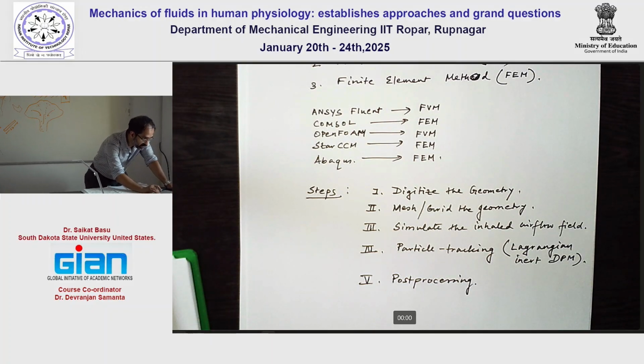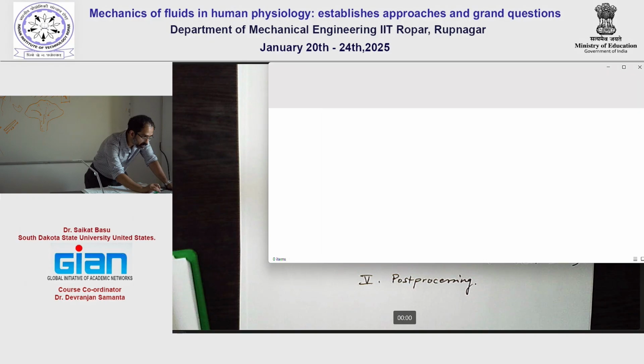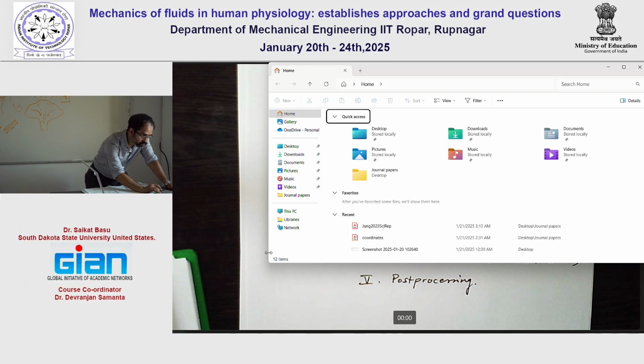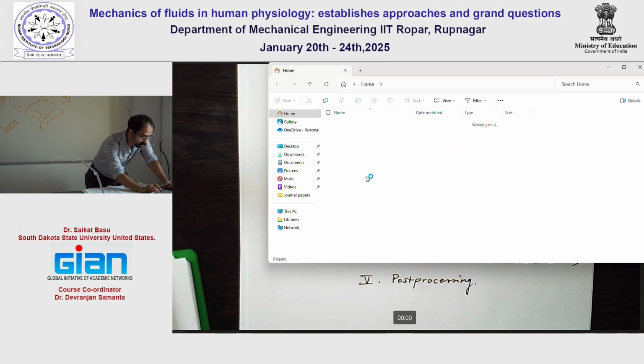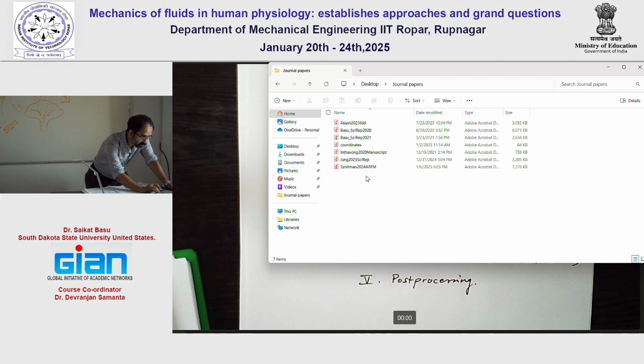In terms of the papers that you should look up tonight, go to the cloud folder and look up these two papers. This is Basu, my paper, Scientific Reports 2020, and the first one, Akash 2023, Frontiers in Drug Delivery.